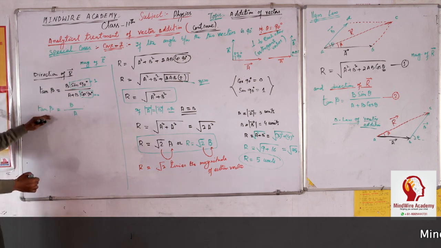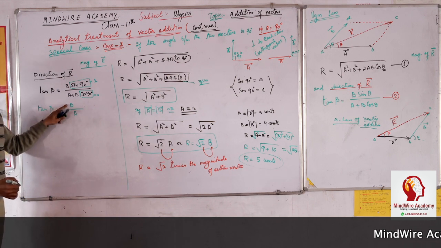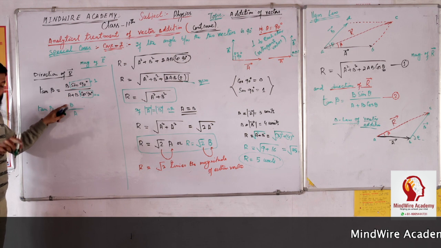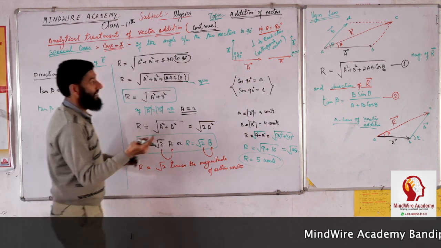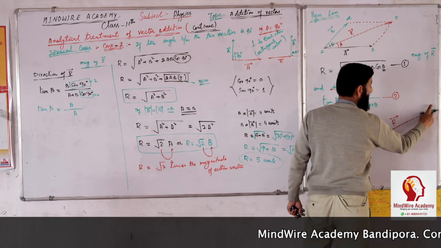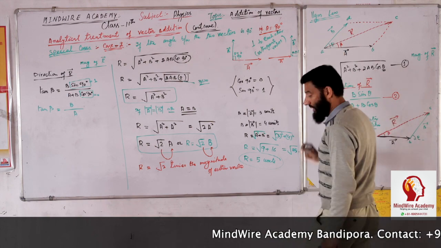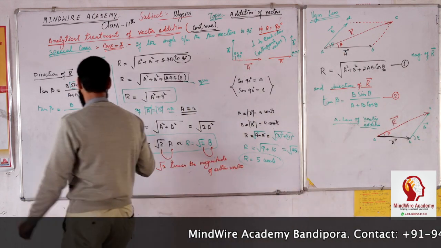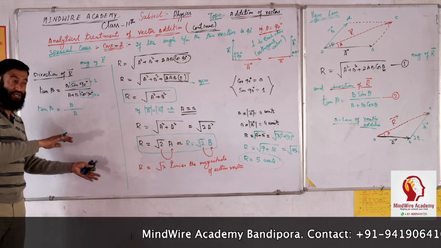So again here, tan beta is equal to the magnitude of the second vector divided by the magnitude of the first vector. Because in case of the triangle of vectors, we first draw vector a, then the second vector b. Here the two vectors are acting simultaneously. So let a be our first vector and b our second vector.